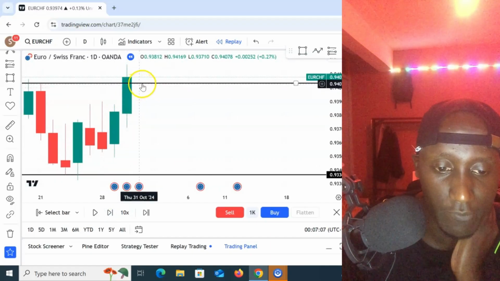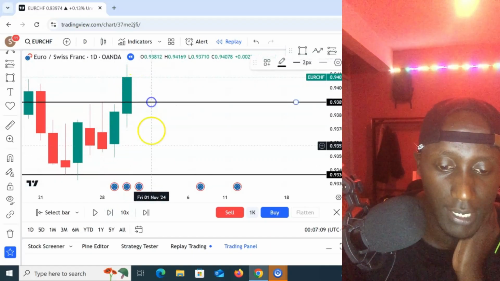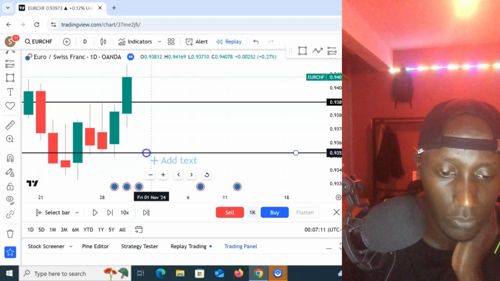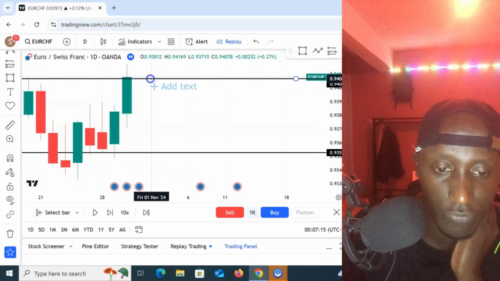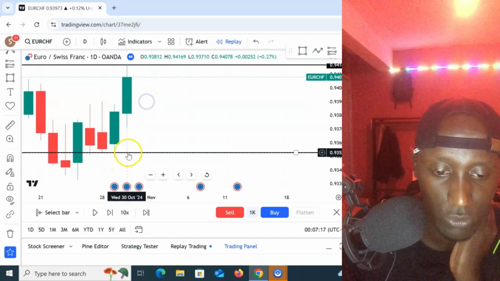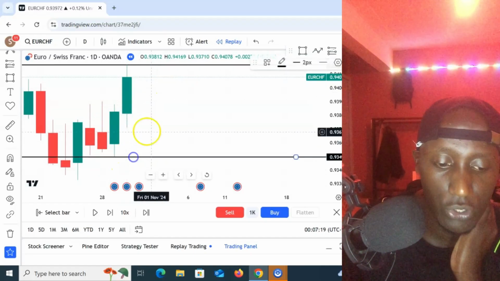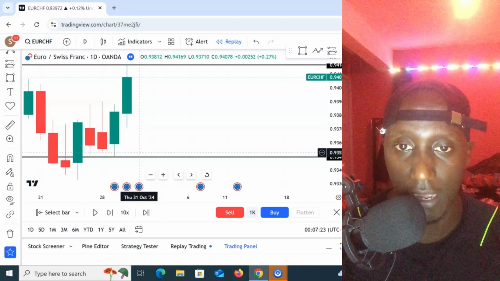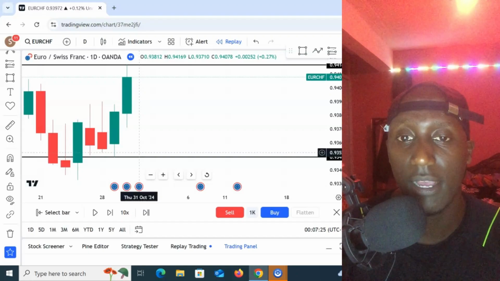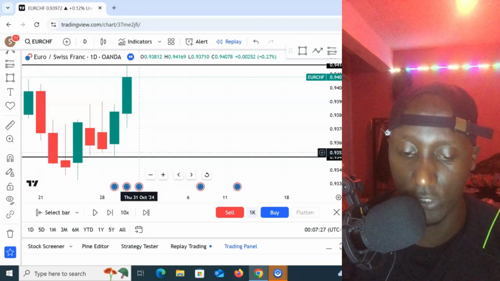So we have Monday now giving us a high and a low. This is Monday. Tuesday gives us a failed breakout. Wednesday, obviously, it's a breakout, but we were bullish. So you'll notice that it's very easy if you know a failed breakout is reversal and a breakout is continuation.